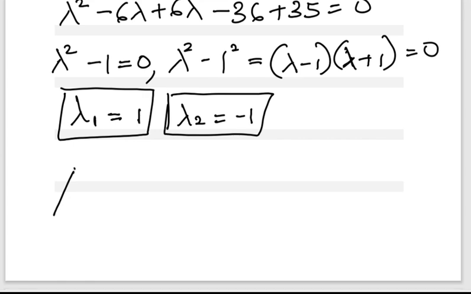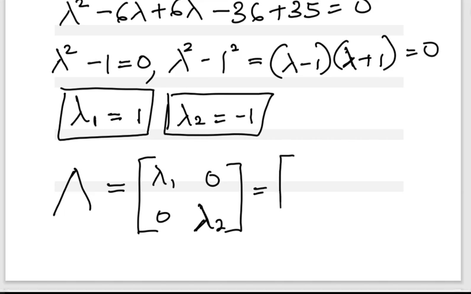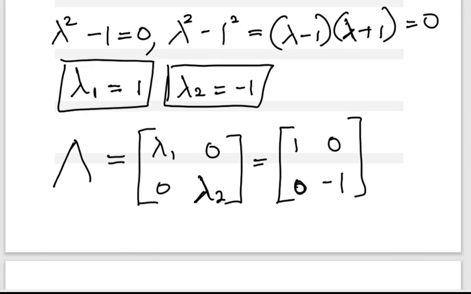Let's write the diagonal matrix of the big lambda, which is lambda 1, 0, 0, lambda 2, and this is simply 1, 0, 0, negative 1. The reason I say we should solve for the eigenvalues first is that when we look at it critically, this is almost a unit matrix and they have similar behaviors.